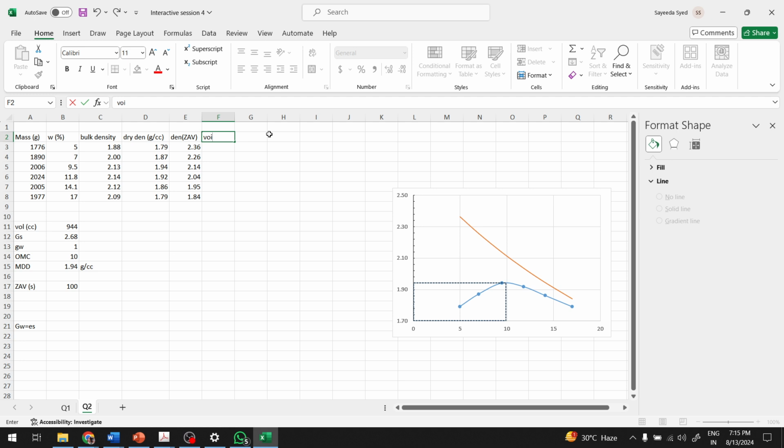G gamma W over gamma D minus 1. Void ratio is G gamma W over dry density minus 1.